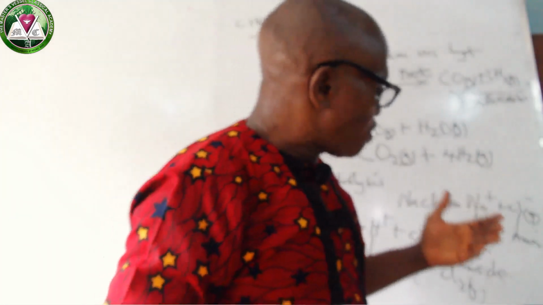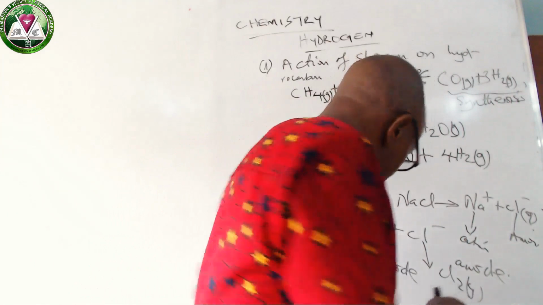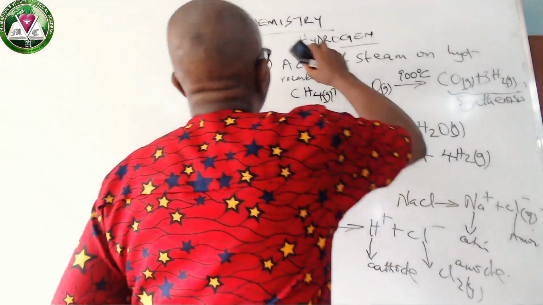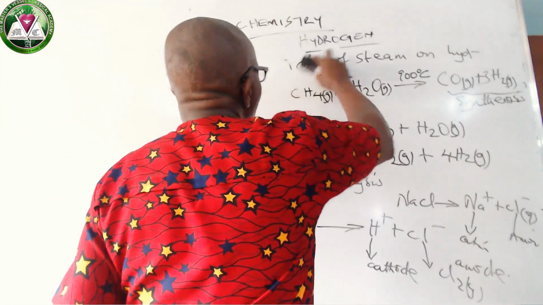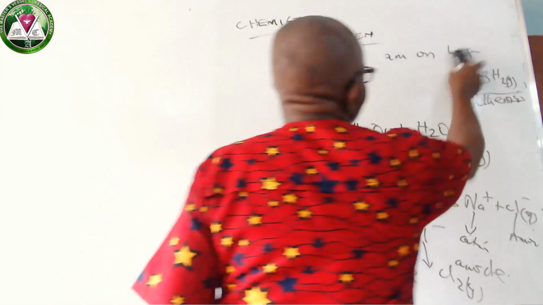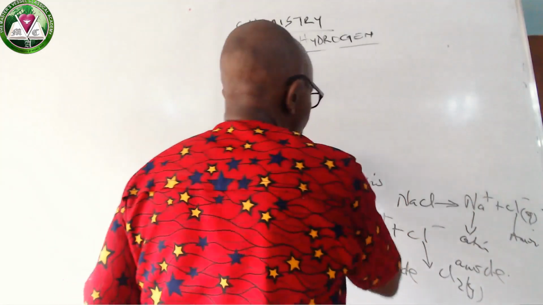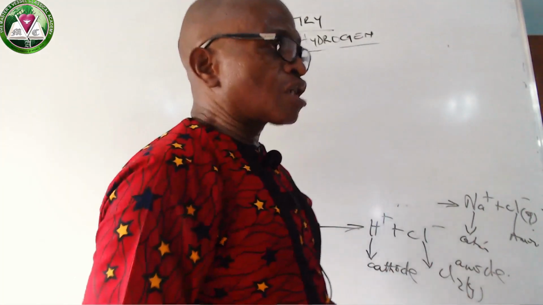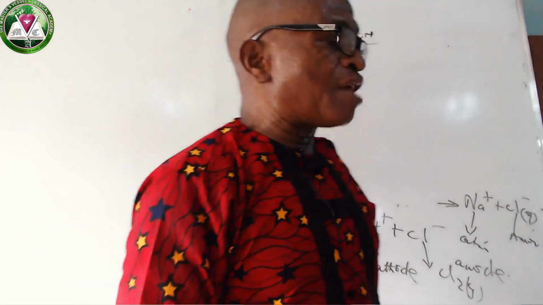We are going to stop here, but we will not go until I give you some assignments, which will help you know what we have done today. If we do a recap, we discussed the occurrence of hydrogen. We talked about the electronic configuration of hydrogen.